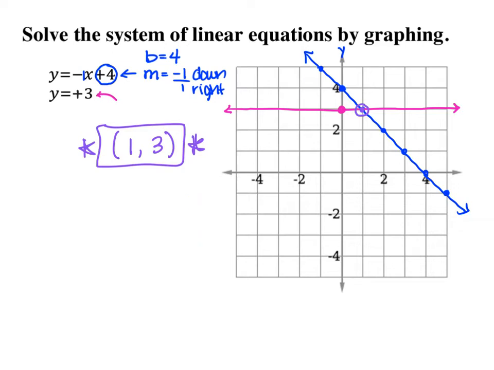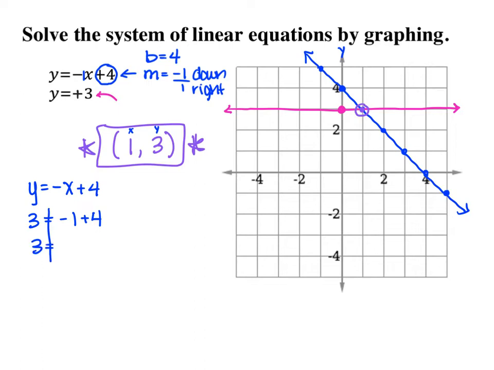So we'll practice it for this one, would be to check to make sure that that's the point that makes both original equations true. So if I look at the first equation, y equals -x plus 4, and I put in 1 for x and 3 for y. Does 3 actually equal -1 plus 4?